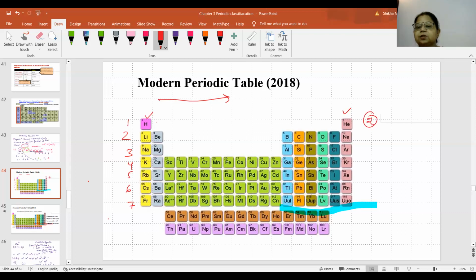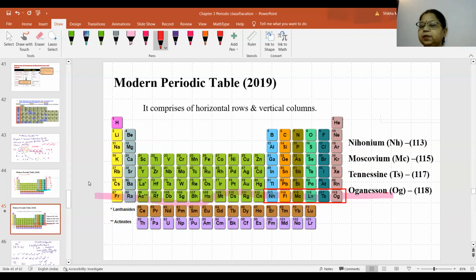The second period has 8, the third has 8, then 18, 18, and 32, and this is incomplete because the four elements are unknown. That is how the periods are described in all the chemistry books. But now everyone has to understand that the seventh period is also complete with the discovery of four elements: nihonium, moscovium, tennessine, and oganesson.